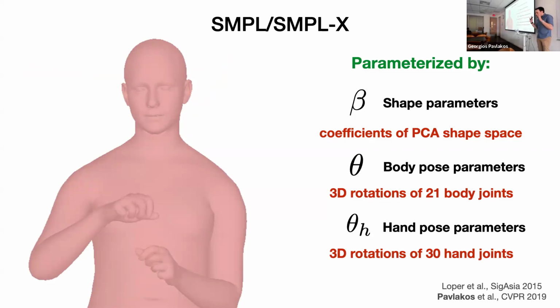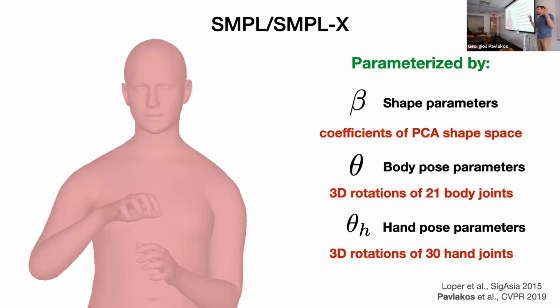This model is amazing, trust me, I use it for most of my research. But one thing I want to make clear is that this model only describes the forward procedure. You have a set of model parameters, these parameters give you a 3D shape of a person, and then with a rendering pipeline you can render this 3D shape to an image and get the 2D visuals that we see here.